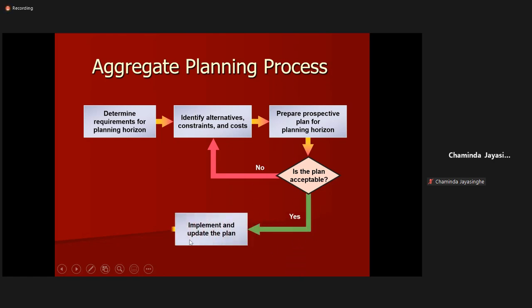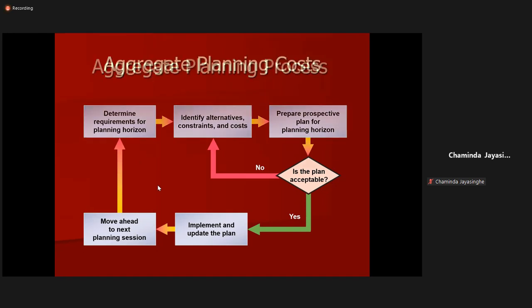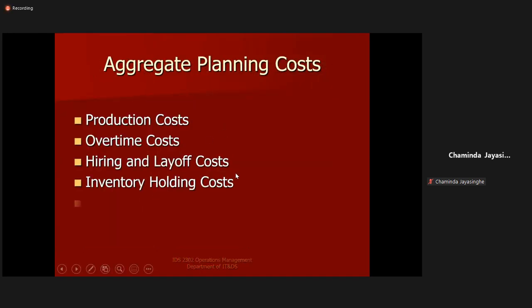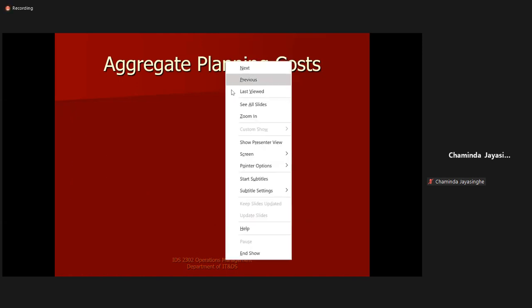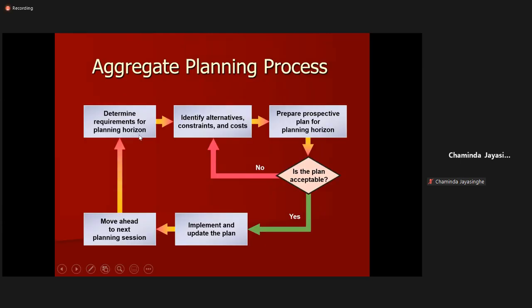If it's acceptable, then implement and update the plan, and move ahead to the next planning session. So once one horizon is completed, you begin with the new horizon. The horizon is the total planning period, maybe 1 year, 6 months, or 18 months, and so on, right?